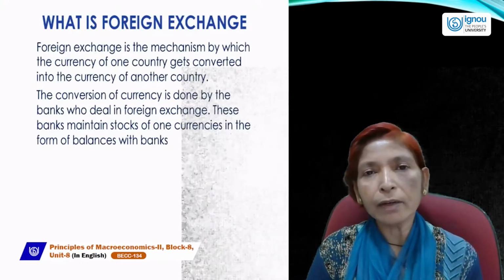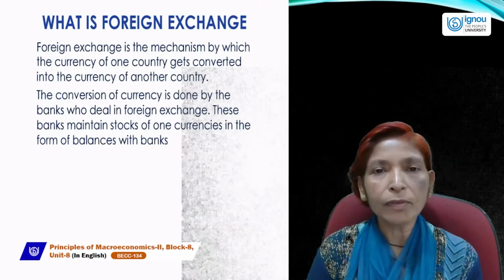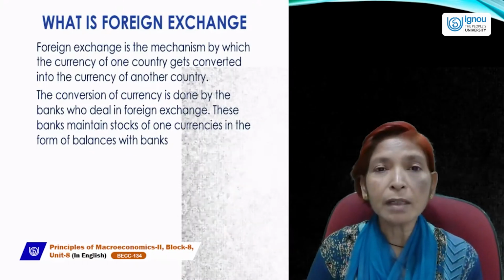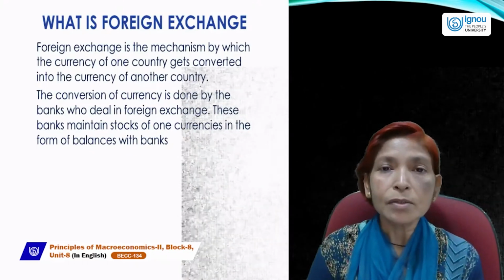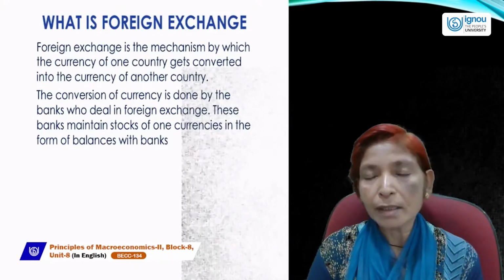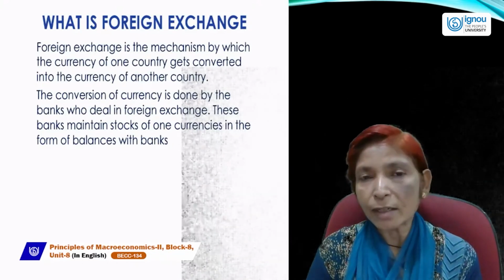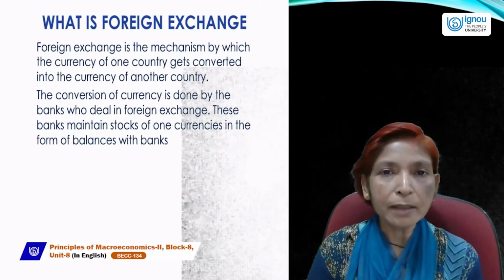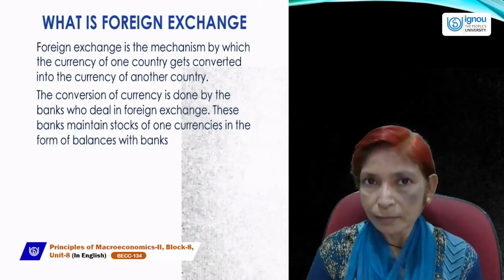No country can refuse the US dollar because America's currency is super powerful and standardized and has some standard value. That's why each and every country accepts the value of the dollar.